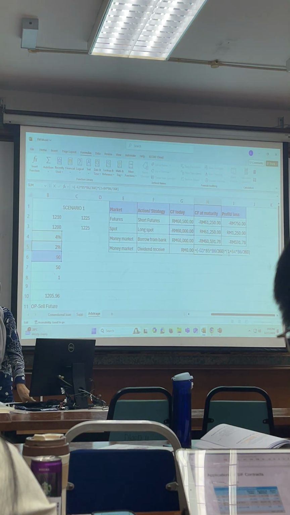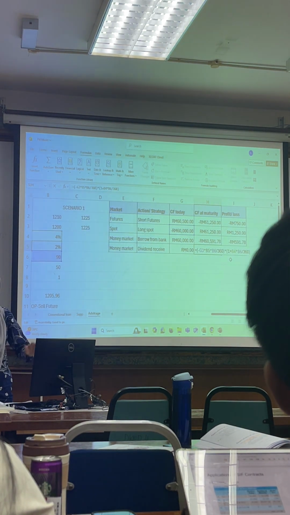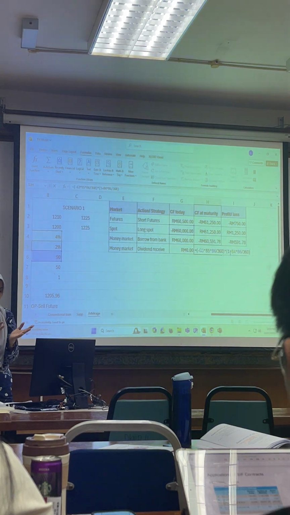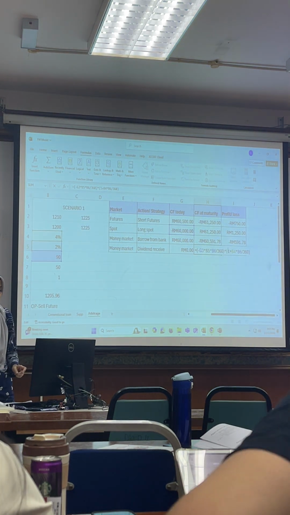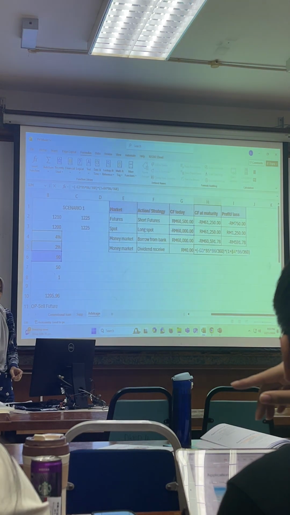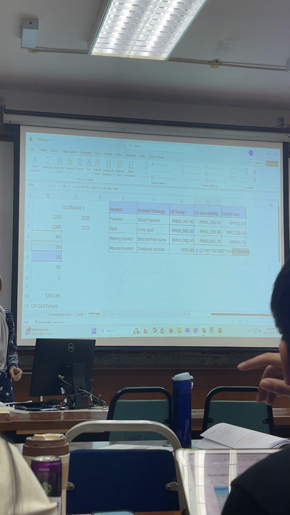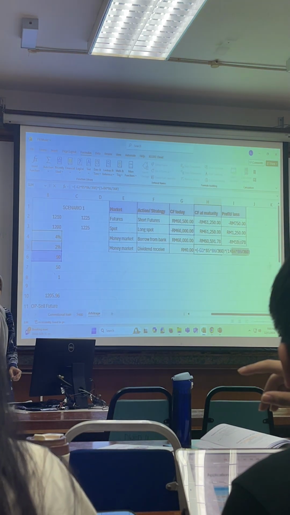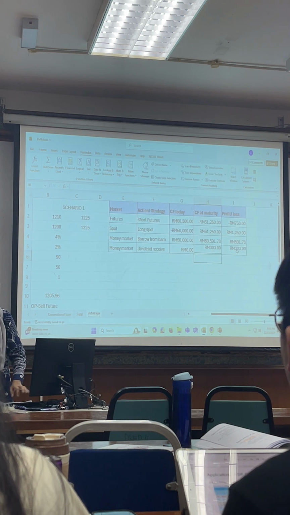If you understand the formula, you need to record that, add again your this one, and then multiply with this one, which is actually worth 3 ringgit. So here is 300 plus 3 ringgit, then you can get this.